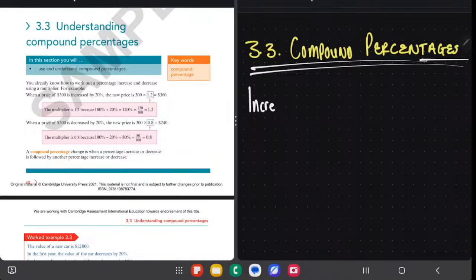So if they tell you you decrease by 20%, that's fine, but you don't use 20%. It's meaningless. You are going to take it to 100%. Then you see, was it an increase or a decrease? This is where a lot of people make a mistake.